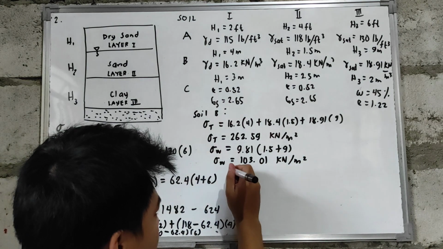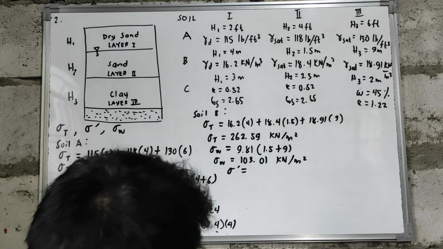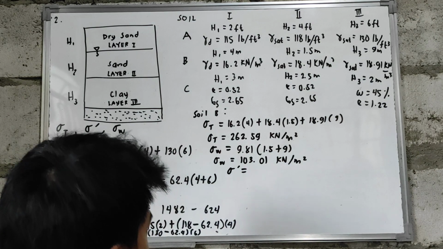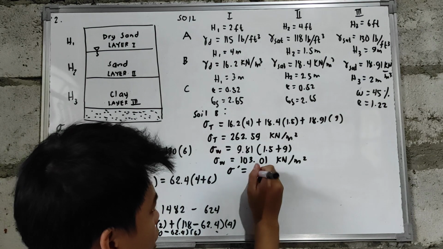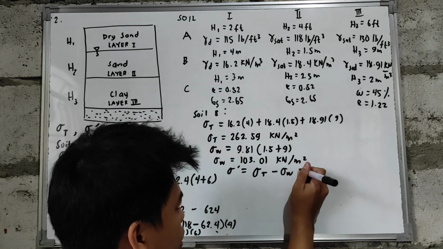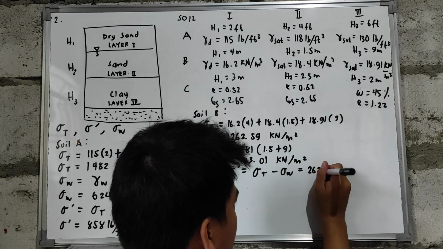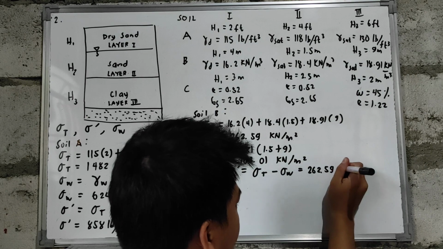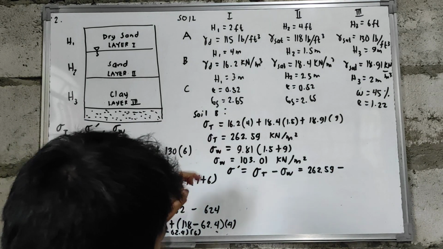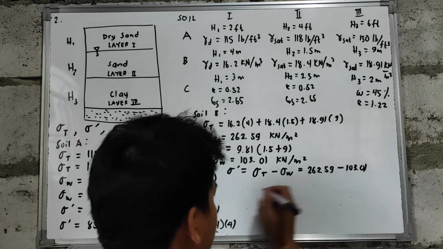So, lastly, let us solve for our effective stress. So, for this, gagawin lang natin is yung total stress, aalisin lang natin yung tubig. So, you have yung 262.59 minus the value of your pore water pressure na 103.01.